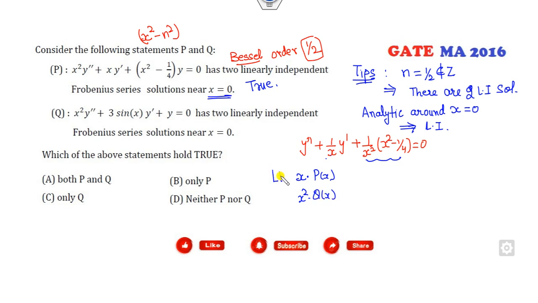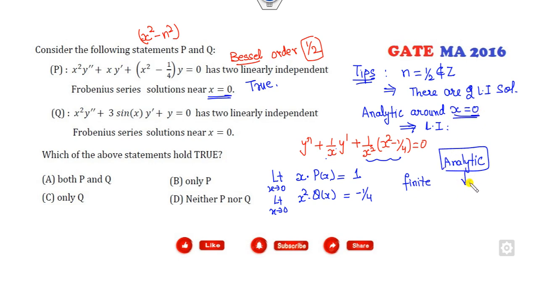If the limit as x approaches 0 is finite, then you can say it's analytic. So what is that? The limit is 1, and if I multiply by x square, the limit is 1 by 4. It's a finite number. So yes, they are analytic around x equal to 0.